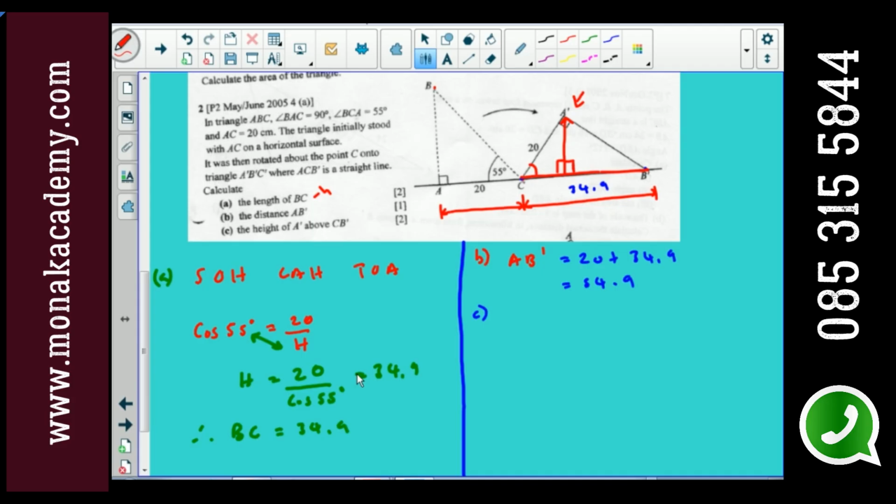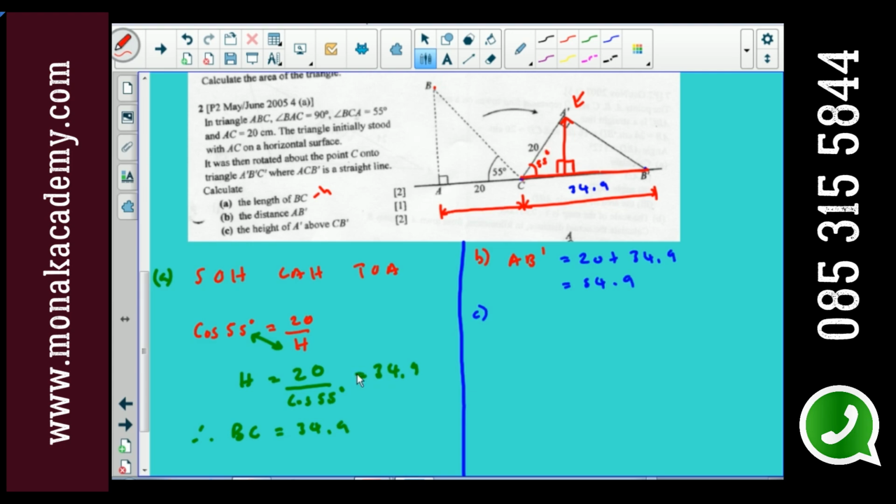What is it? 55. Do you agree? Yeah. It is 55 because it's the same triangle. Nothing changed about this triangle. And we knew already angle C was 55. It's still angle C in this case. So we know that this is 55.